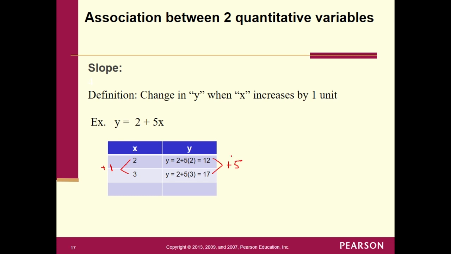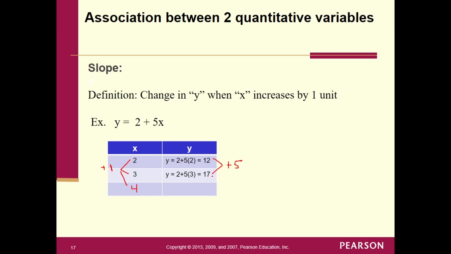Okay? And that's what slope tells us: when we increase x by 1, how much is y going to change? And so without even doing hardly any kind of sophisticated math, without even putting it in the equation, if we put in 4 for x, and so we increase it by 1, how much should y change by?